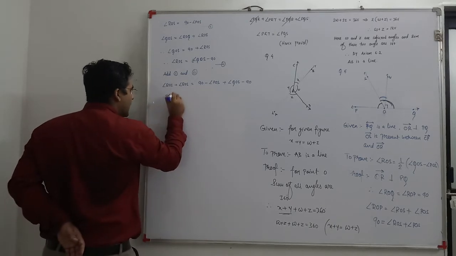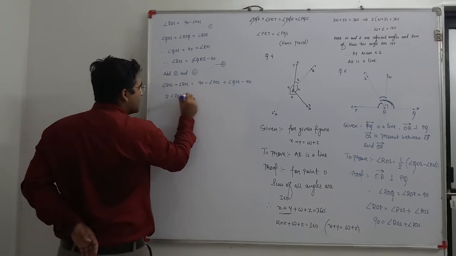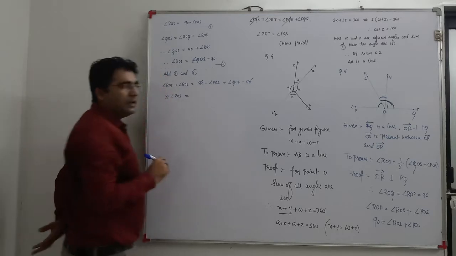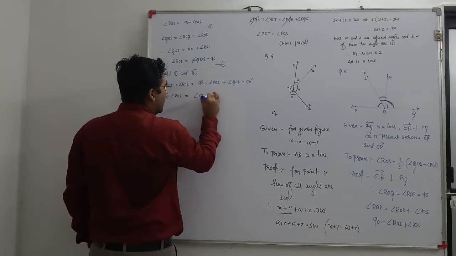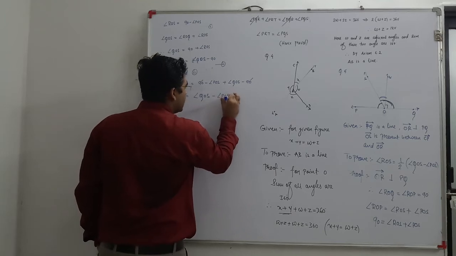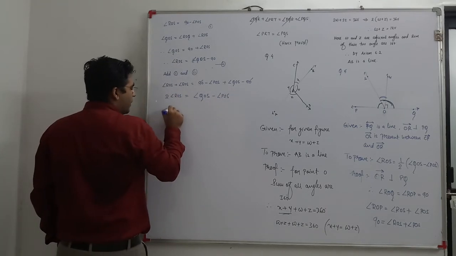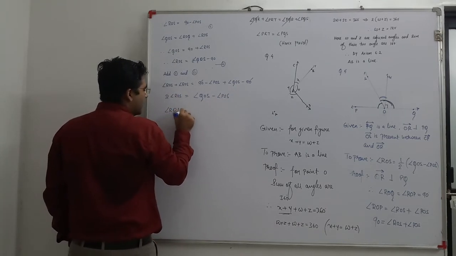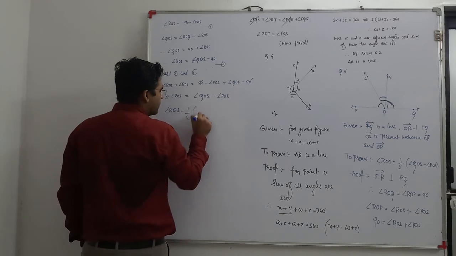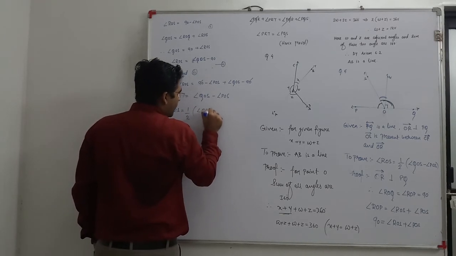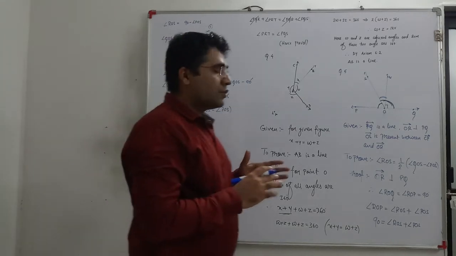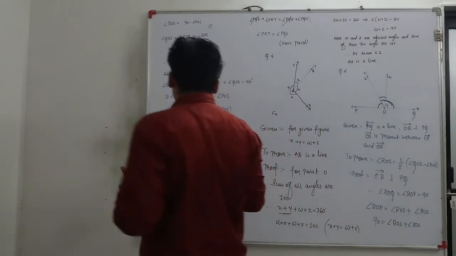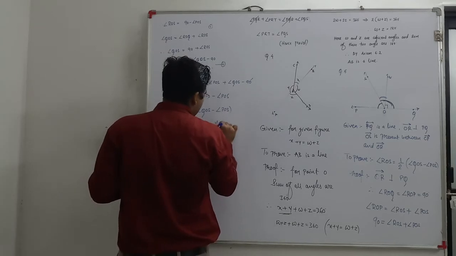So this is 2 times angle ROS. Here plus 90 minus 90 cancel. When I arrange them, I get angle QOS minus angle POS. Therefore angle ROS is equal to 1 by 2 (angle QOS minus angle POS). So this is my proof. Hence proved.